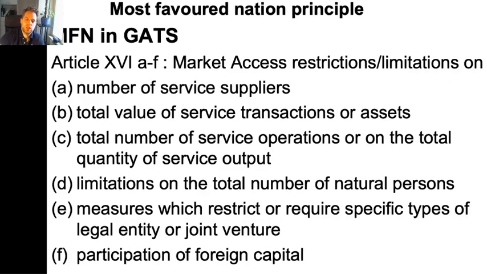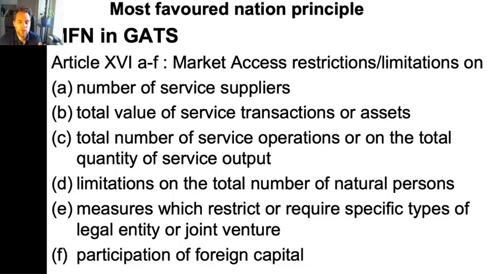So what you can see here, you may impose restrictions or limitations on the number of foreign service suppliers in general. Then you can also restrict or limit the total value of service transactions or assets. Then there are restrictions or limitations possible on the total number of service operations or on the total quantity of service output.